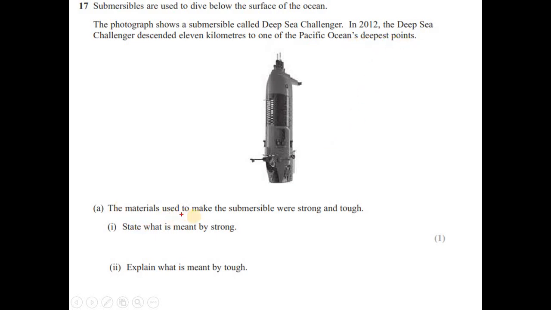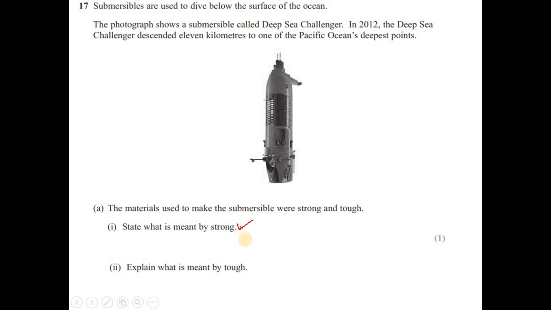The material used to make the submersible was strong and tough. State what is meant by strong, and what is meant by tough. Strong means it is difficult to break, a large amount of force is needed to break or bend it, or you can say strong means difficult to indent or scratch.